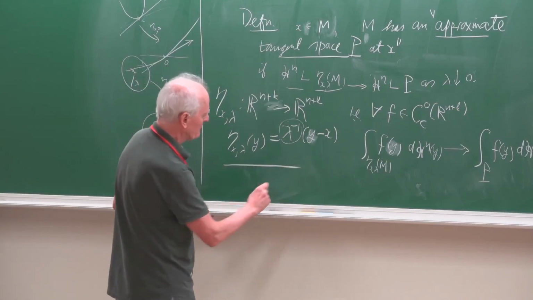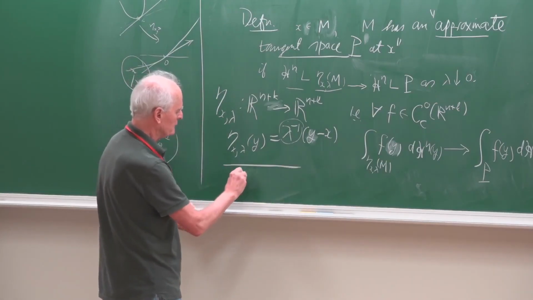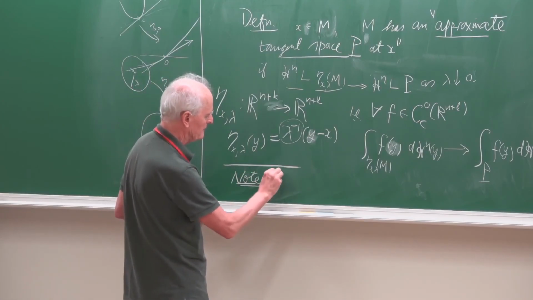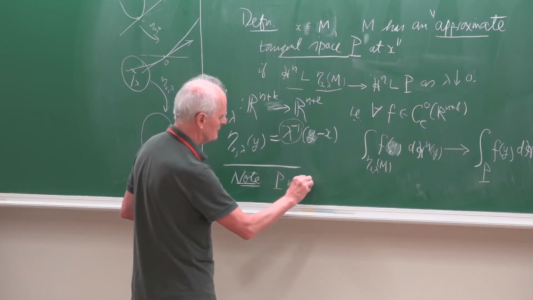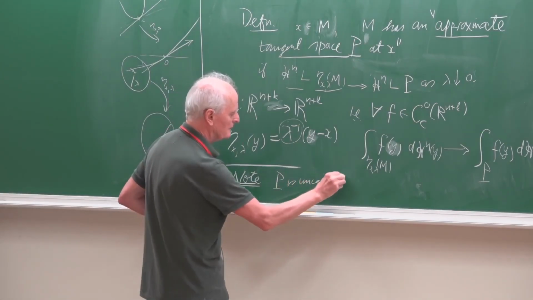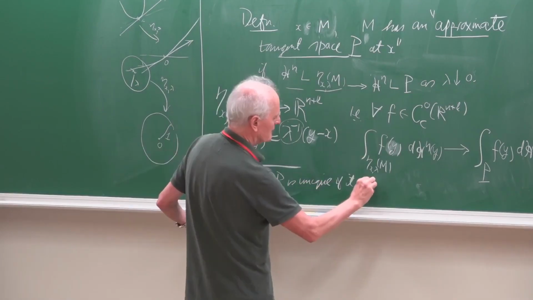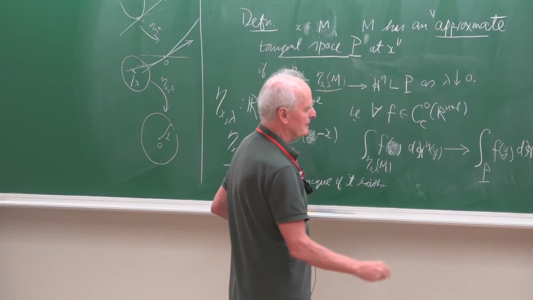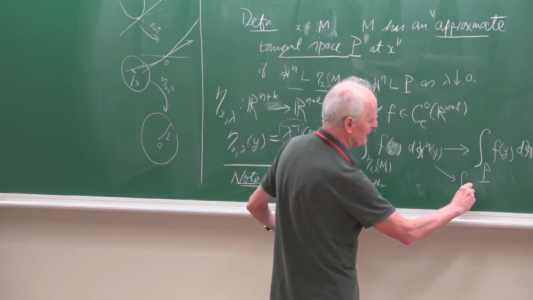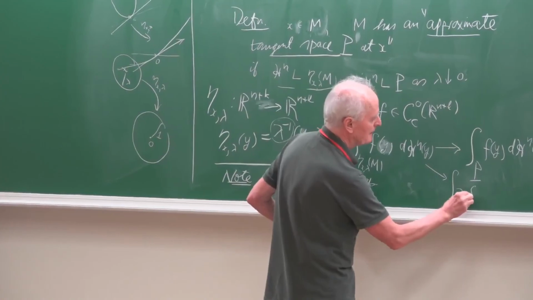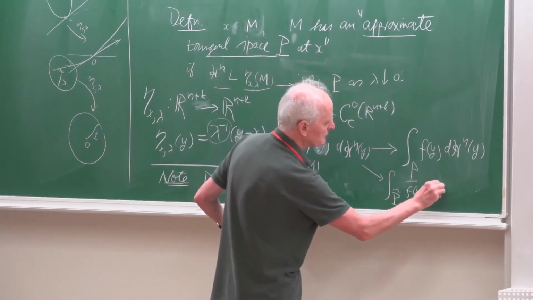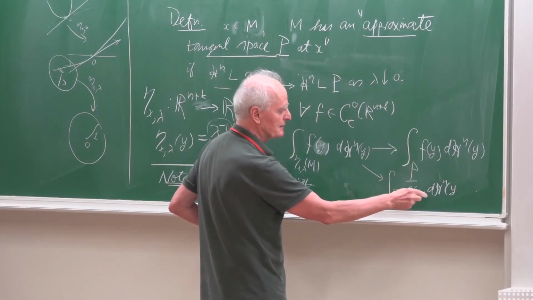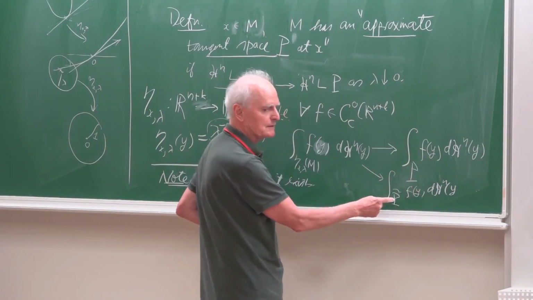Before we go on, let's make a couple of remarks. First of all, note that P, if it exists, is unique. Of course, that's obvious, isn't it? Because if you were also converging to some other P tilde, some other n-dimensional subspace, then you would deduce that the integral of any continuous function over P gives you the same answer as integrating the same continuous function over P tilde.